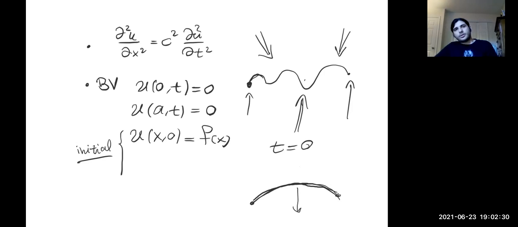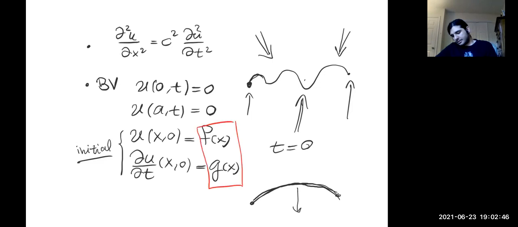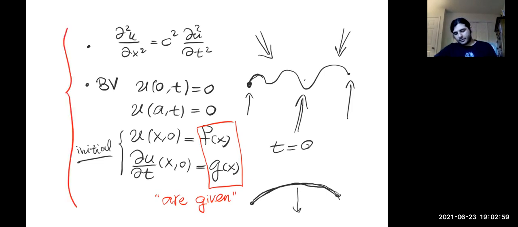So you also want to know which direction it's moving towards, how fast it's moving. In other words, you need to know the derivative of u with respect to t at time 0. So we are assuming that these two things are given. So the initial condition is slightly different from the previous equation. Great.